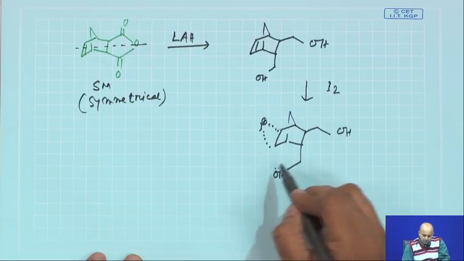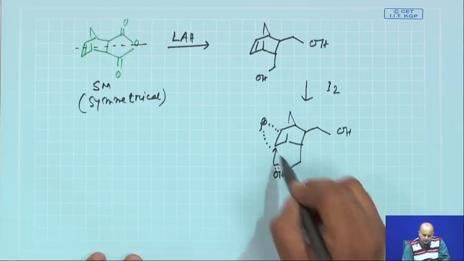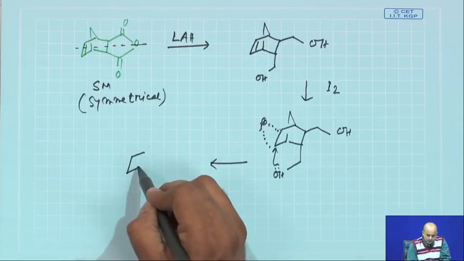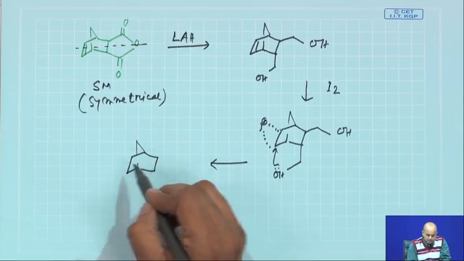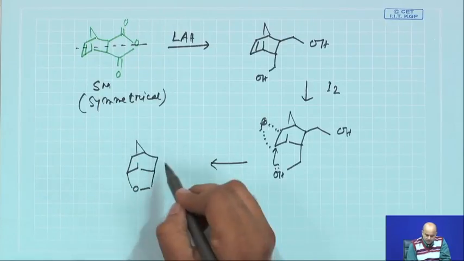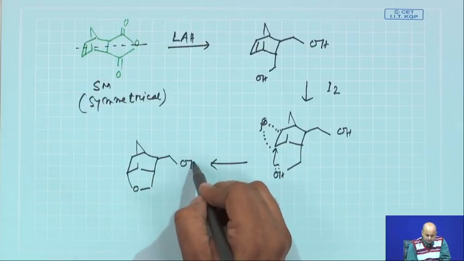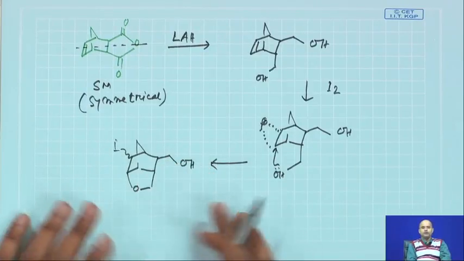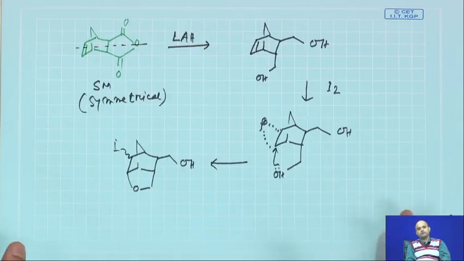Now, one of the CH2OH will undergo this iodoetherification reaction and then you will find that your final compound will be basically having this kind of structure. So, now this molecule becomes disymmetric.